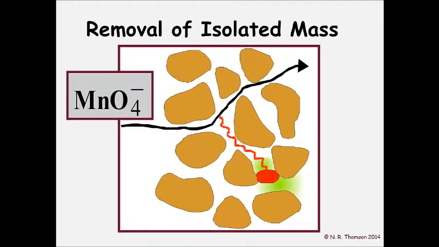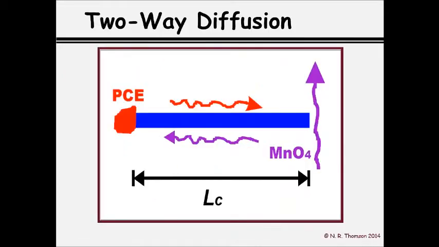If we look at a bleb or a blob and think about that as an isolated mass of non-aqueous phase liquid in some grains, one can think about the length between the active flow channel and the blob, and call that length LC. And that length is, in my view, about the length of your pen.